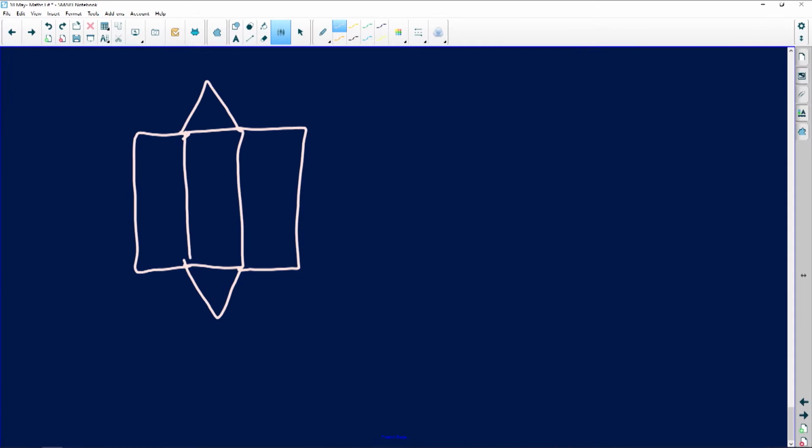So question 1, before I write question 1, I just want to write the dimensions that we've been given. So the height of the triangle from there to there is 3.464 centimeter, and then we've been given this width over here, so it's called a width, and this width is 4 centimeters, and then we've been given the length.